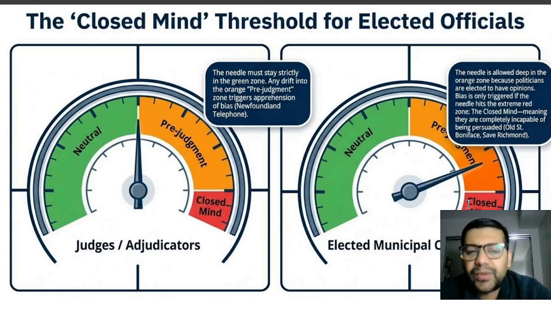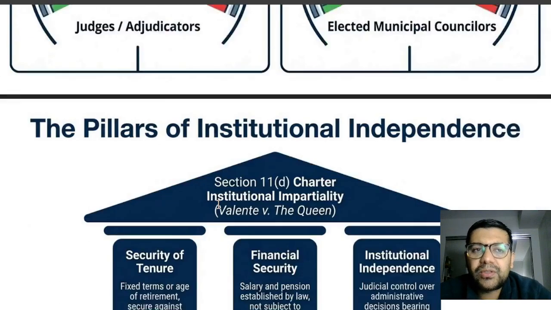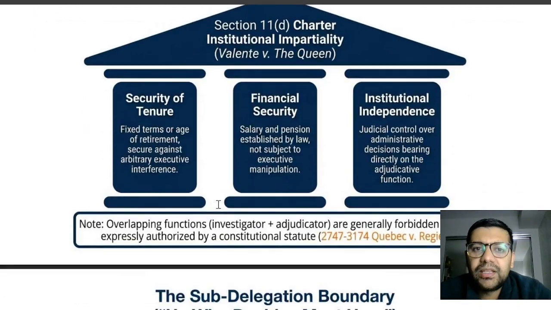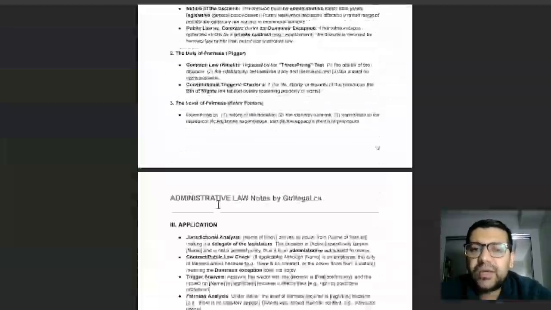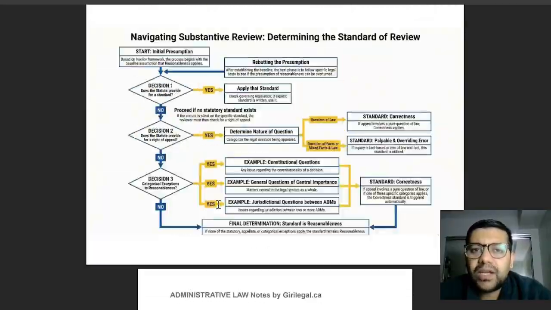People like their opinion or dislike their opinion, that's how they get elected. But for judges and adjudicators, it has to be in the green zone, and they cannot prejudge or be close-minded about it. So again, the decision maker has to be impartial.